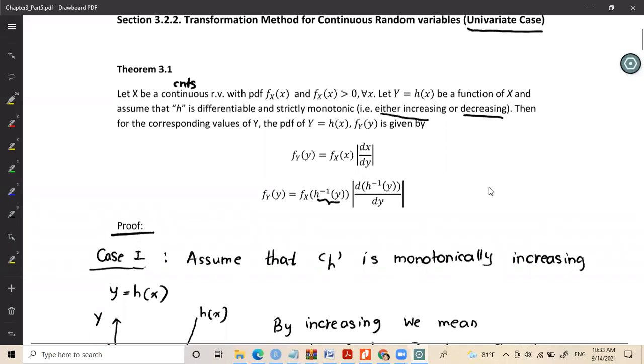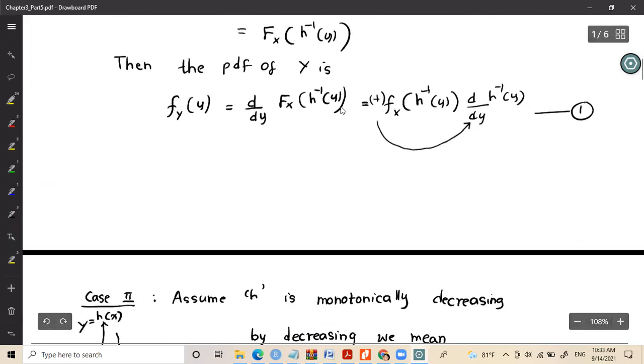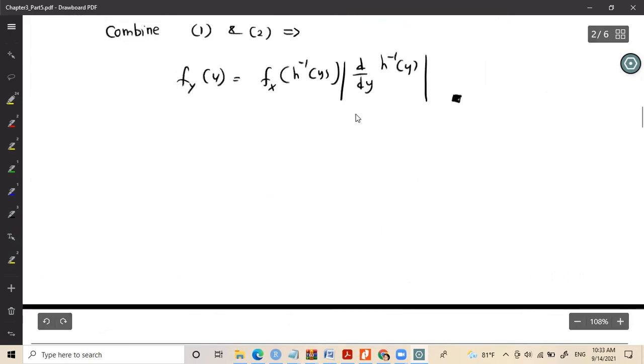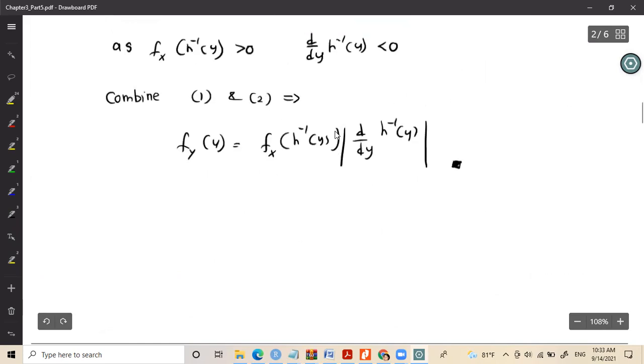What do you think? Any suggestions? We'll do an example, but I would like to see whether you can come up with a suggestion.